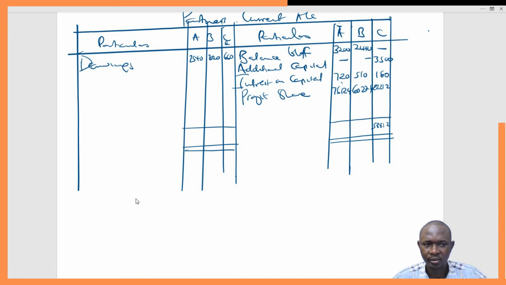Then 2440 plus 510 plus 6027.1 gives us 8977.1, and then the 200 plus those zeros that keep on disappearing, they should be forgiven.